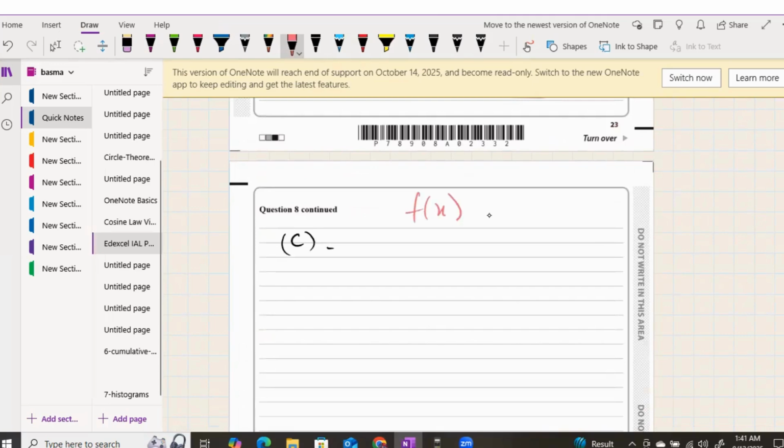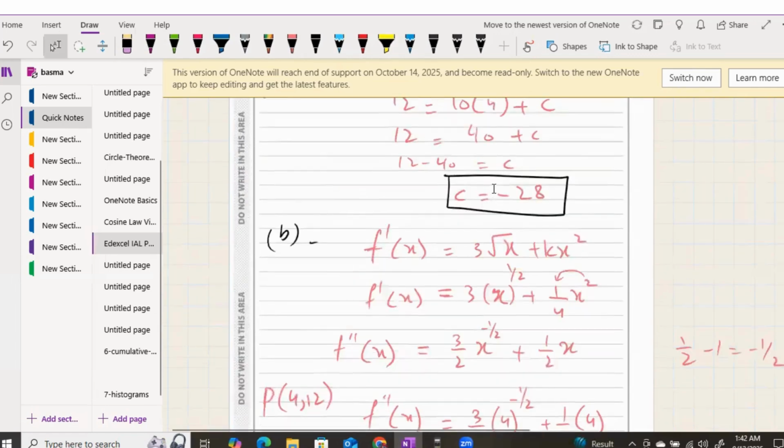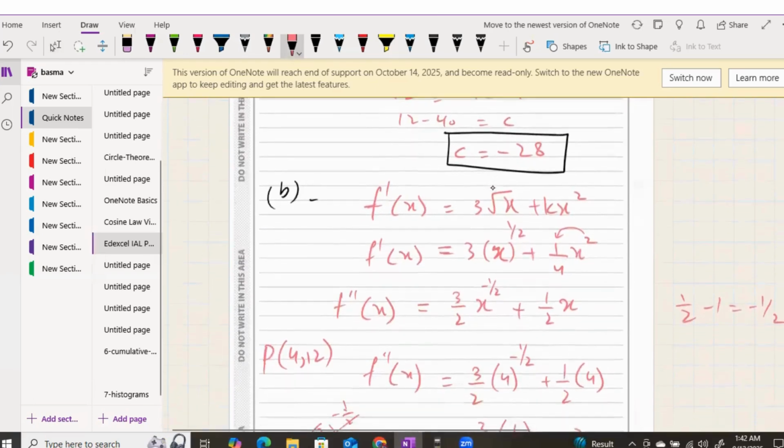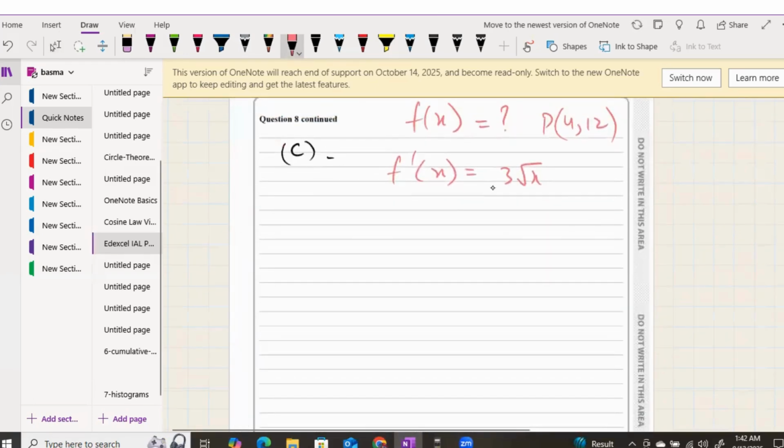We have to find the curve basically, and they're giving you the point which is lying on the curve, which is (4, 12), and we know the first derivative is 3 root x plus kx squared. K value is 1/4, so 1/4 x squared. That is the first derivative.